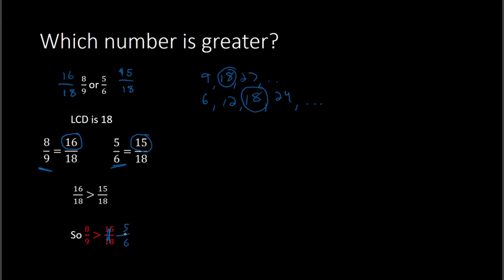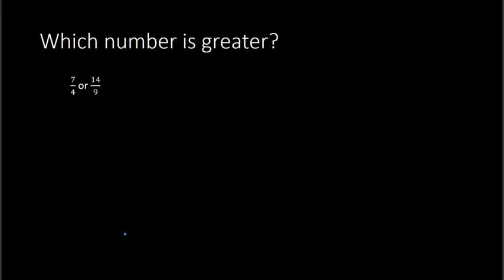So this is the long way. I'm going to show one more example like this, where here we have 7/4 and then 14/9. We need a common denominator, and that's going to be 36. That's the smallest one. So I rewrite each of these fractions as something over 36. 4 times 9 is 36. 7 times 9 would give me 63 on the top.